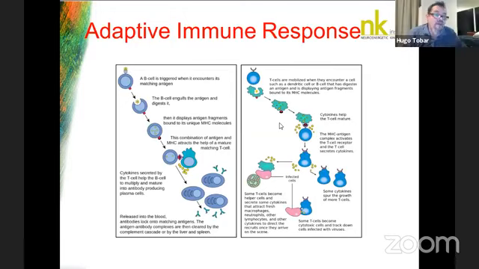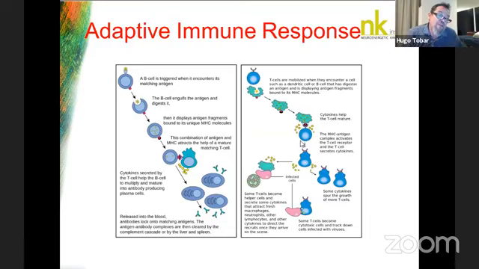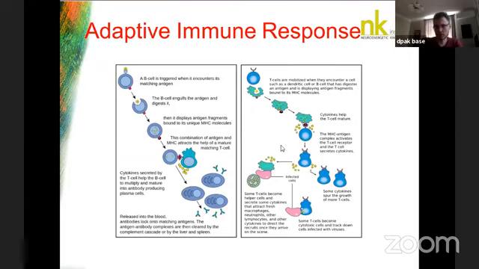Over here, on the other hand, the T helper cell differentiates into T killer cells. They have their T cell receptor, and it's specific for this pathogen and that pathogen alone.